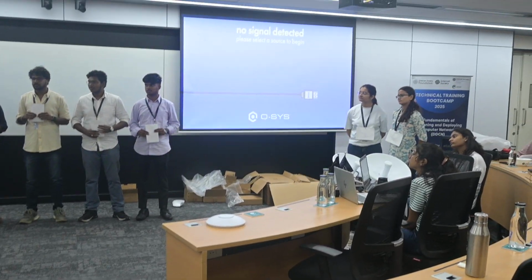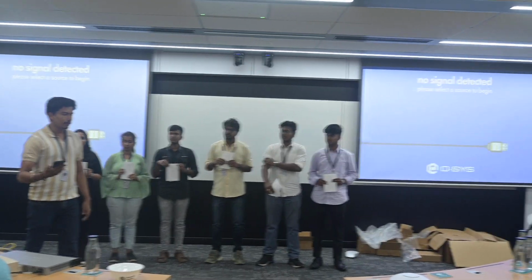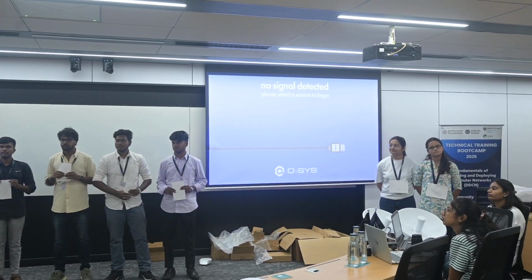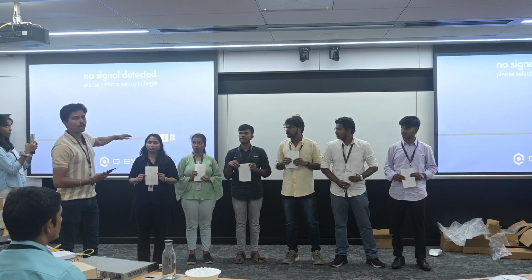So 10 dBm. So here dBm is something that measures the power, and power is directly related to the amplitude. So here let's assume the height to be the amplitude value.